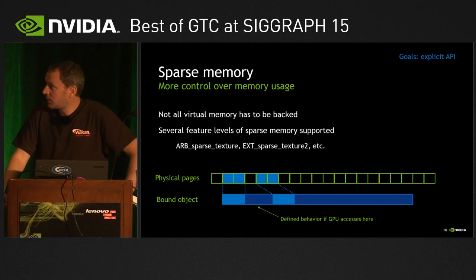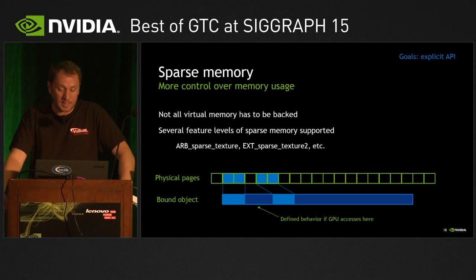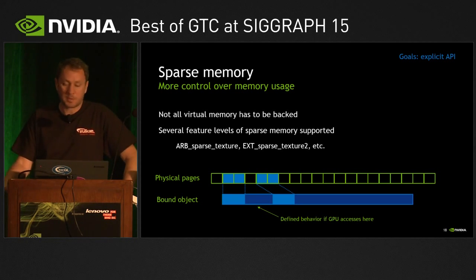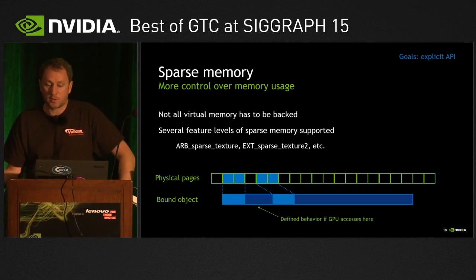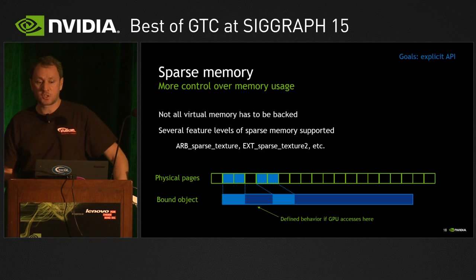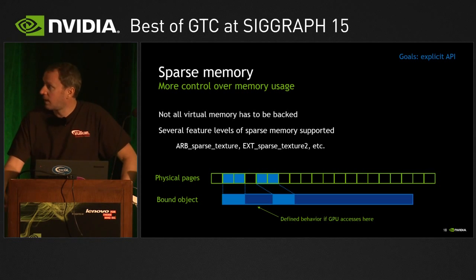Another important thing about the Vulkan API is it has full support for sparse memory. And it actually supports a whole range of sparse memory feature levels, all the way from basically the ARB sparse texture feature level, where you have to query the implementation to find out your tile size, all the way up to the EXT sparse texture 2 level, which means that it has standard tiling sizes and features such as the shader knows whether a level of a texture, for example, is populated.